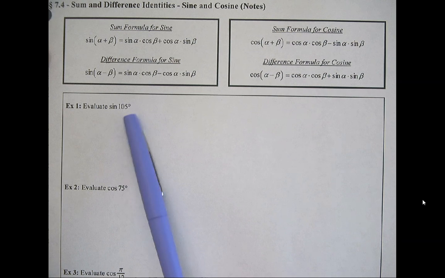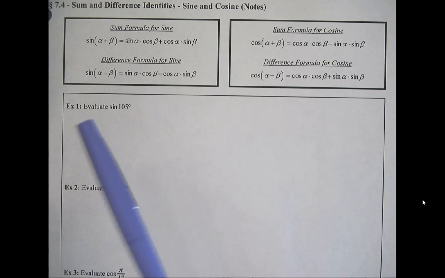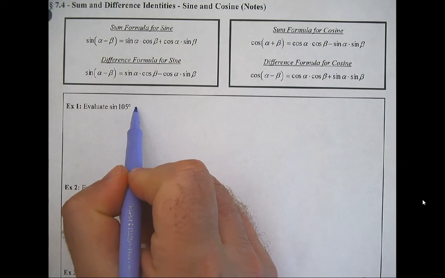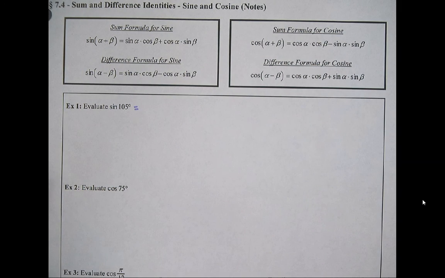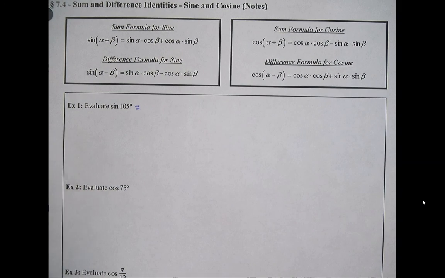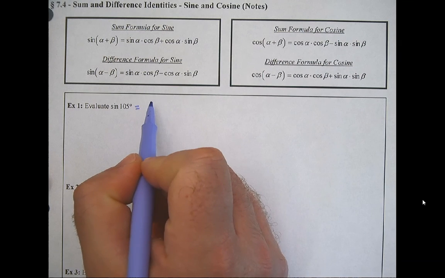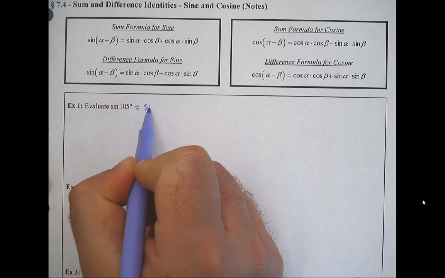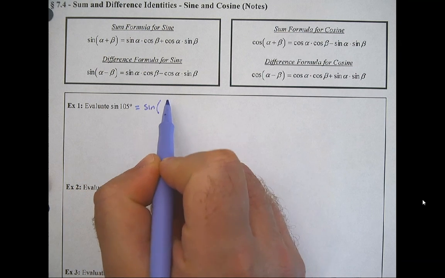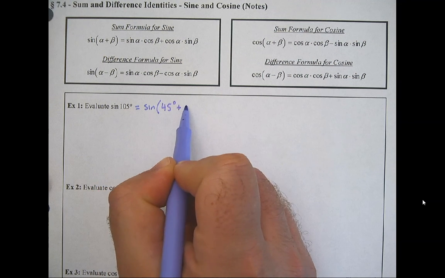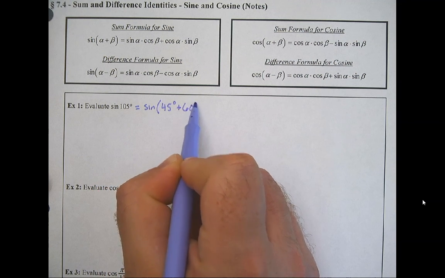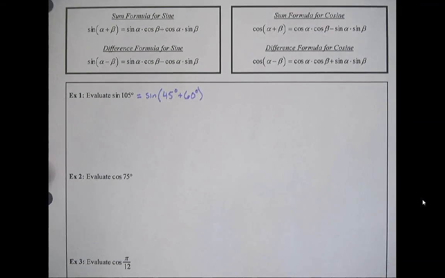So I want to always split this up into two nice special right triangles, any of the special rights that you could think of from our unit circle. So what two numbers add together to make 105 from our nice angles? Hopefully you figured out pretty quickly that 45 and 60 add up to 105. So 45 degrees plus 60 degrees adds up to 105 degrees.